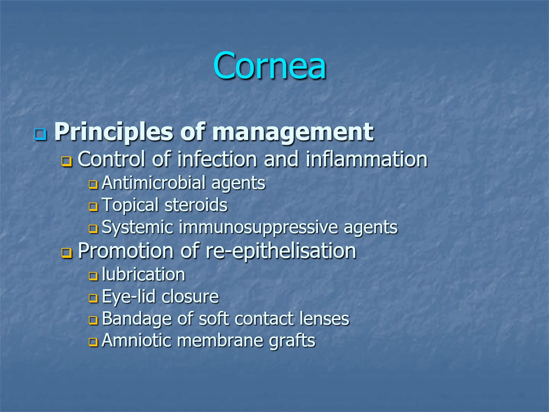We can use bandage soft contact lenses for that purpose. If they are not working, we can use amniotic membrane grafts. We put the amniotic membrane graft over the diseased portion or ulcer so that underneath it epithelialization occurs, or the epithelium grows over the substantia propria.